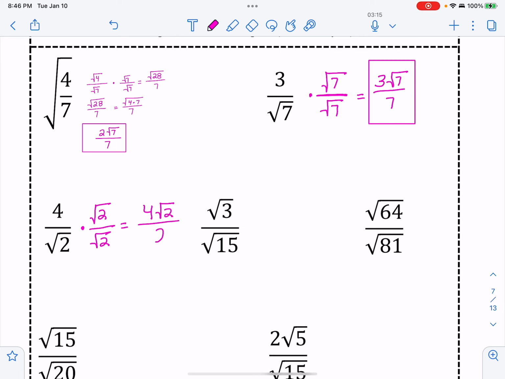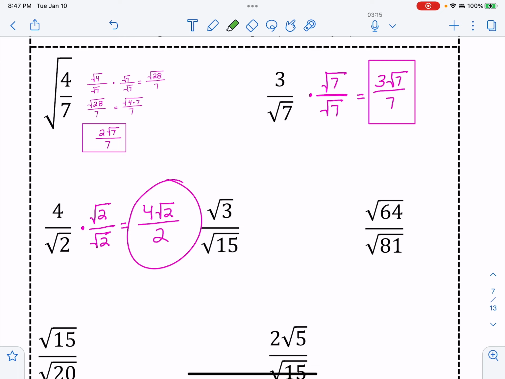And then I multiply my denominators together. So square root of 2 times the square root of 2 is just plain old 2. Now take a look at what I have left here. That fraction is not simplified.